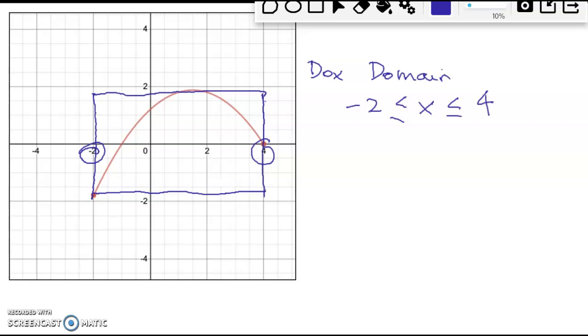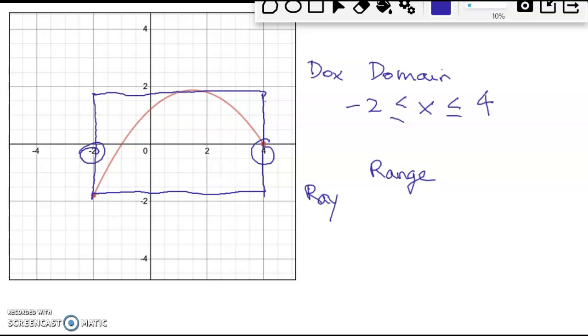And what about range? Okay, range is the y-axis, because the ray tells us that range is about all possible y values, and the minimal value is a little over... oh no, this is okay.